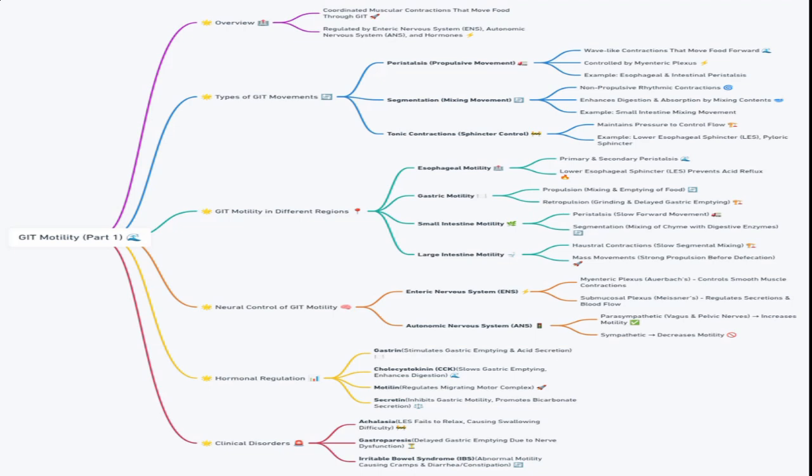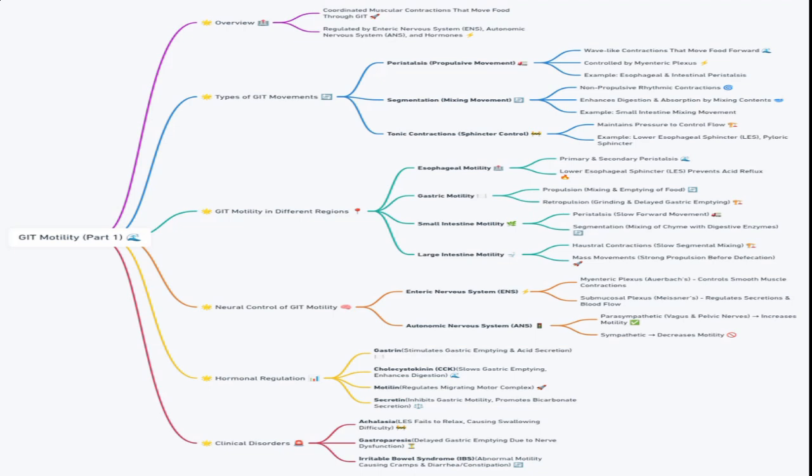So the migrating motor complex occurs during fasting, and it's a modification of GIT smooth muscle activity. It's more of the housekeeper of the gut, and the cycles of activity from the stomach continue all the way to the distal ileum, and each cycle has three phases. So the first phase is the quiescent period, the second phase is irregular electrical and mechanical activity, and the third phase is regular activity.